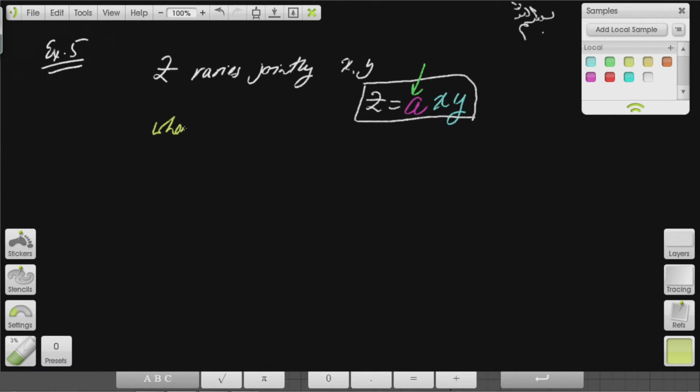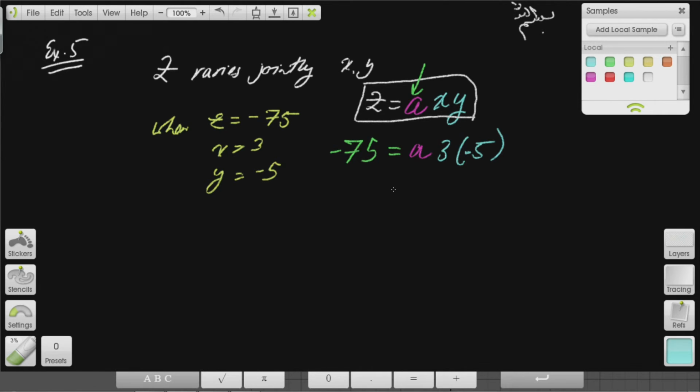We are told that z is negative 75 when x is 3 and y is negative 5. These are the circumstances. So we can substitute those values into the equation and solve for a. Negative 15a equals negative 75.